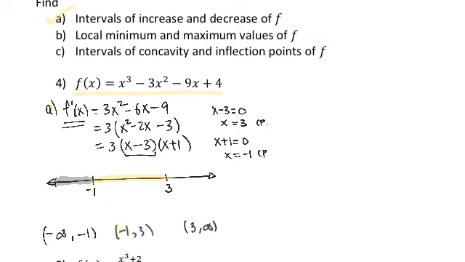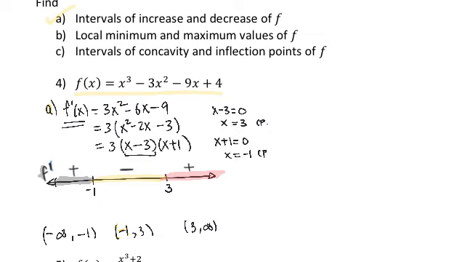So these critical points divide your number line into intervals. Now we need to figure out the sign of f prime on each of those intervals. We can do that simply by using test points, and we'll figure out that f prime is positive here, also positive here, and negative here.